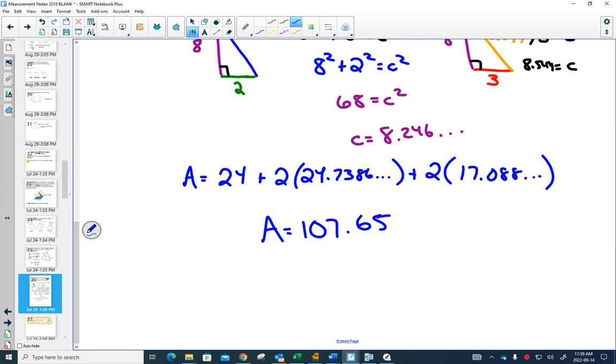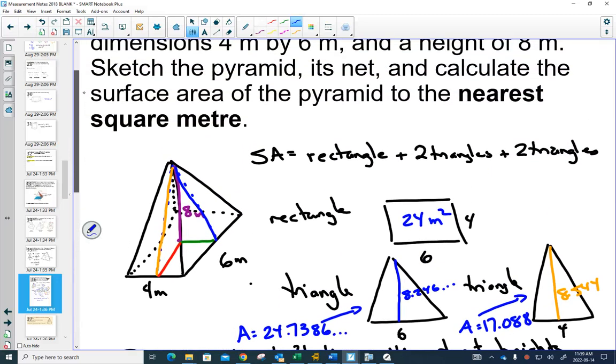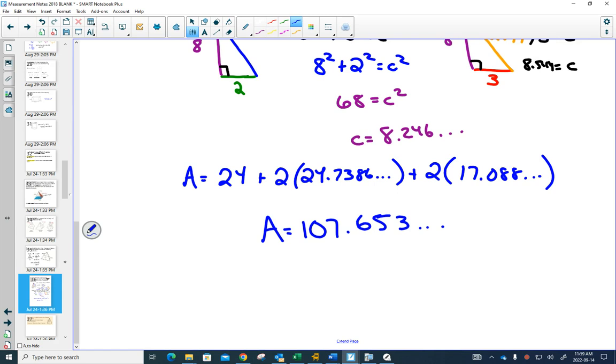You can't put dot, dot, dot into your calculator. That is the final answer. We reread the question to find out. It says to the nearest square meter. So the final answer would be 108 meters squared.